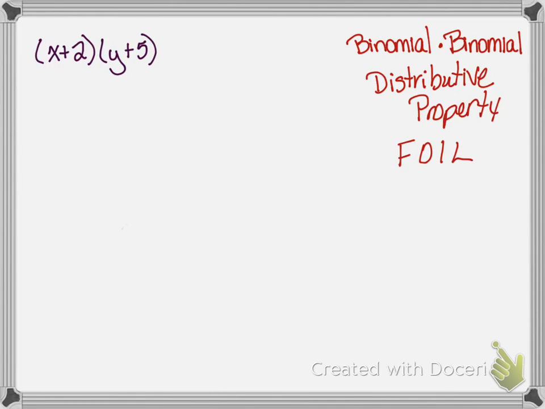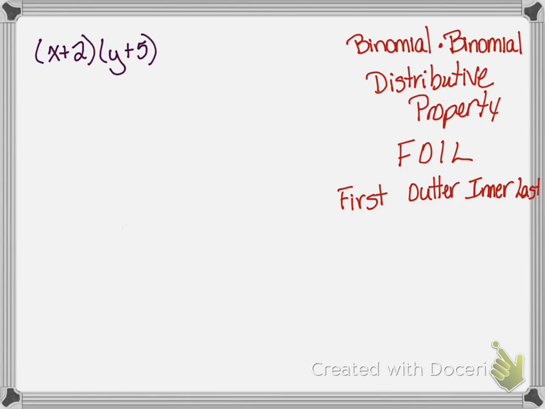FOIL is still the distributive property. F is for first, outer, inner, and last. FOIL is one of those things that students typically remember from high school. It's just one of those things we don't forget.